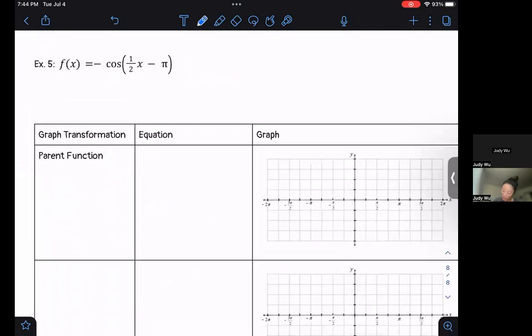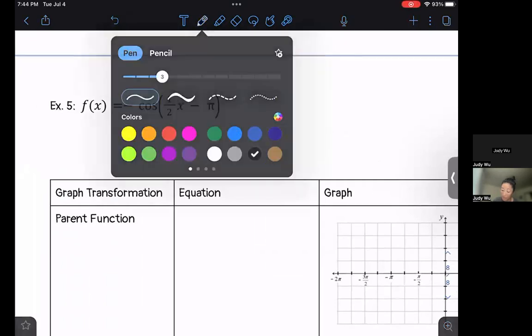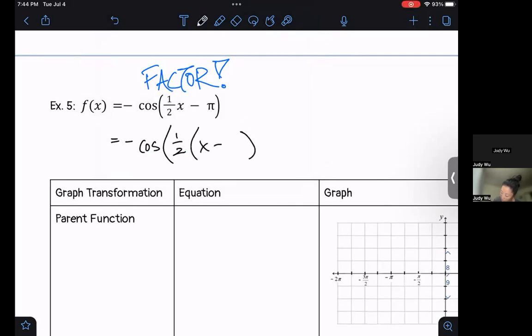All right. Ooh, I see a b value. That means that I do need to factor. I'm going to write a note to myself. I got to factor. And I've got negative cosine. Whoa, cosine of 1/2 x minus something.